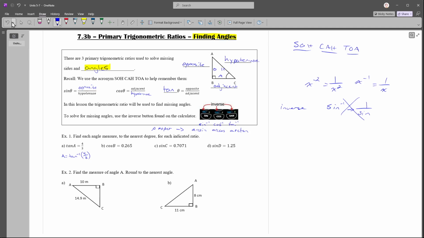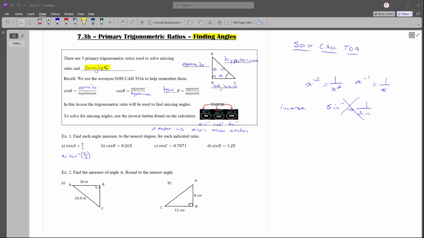So for example, on the Windows calculator, let me see if I can pull it up from my screen. On the Windows calculator, I actually have to do the 4 divided by 3 first. And that's going to give me 1.333 repeated. And then I choose the inverse tan operation, and you should end up with a value of approximately 53 degrees.